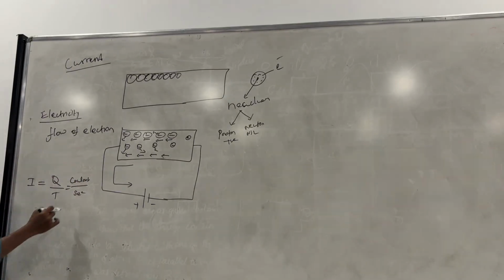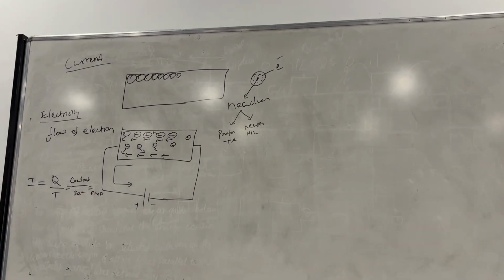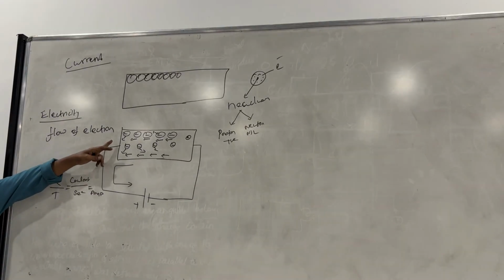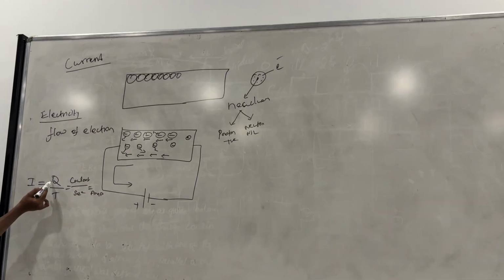Or simply, it is denoted by the name of the scientist, ampere, A. And coming to sign, electrons have negative sign. So what is the sign here? Negative. What is the sign for time?